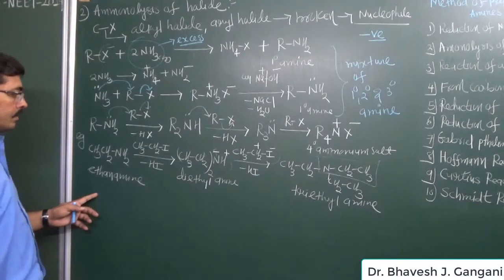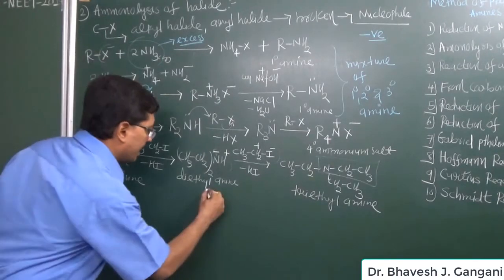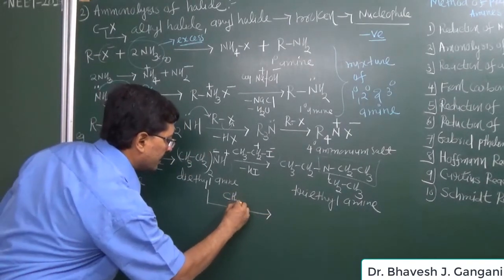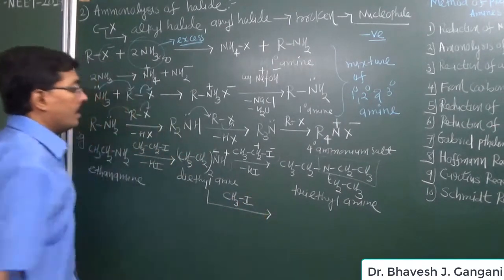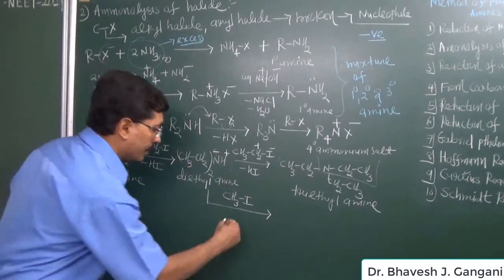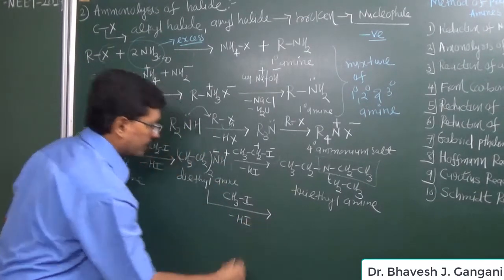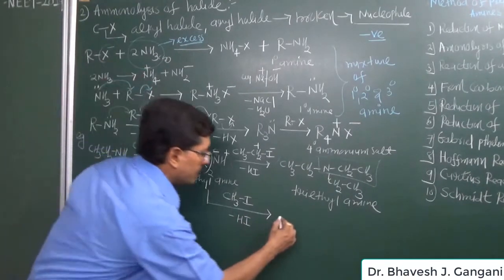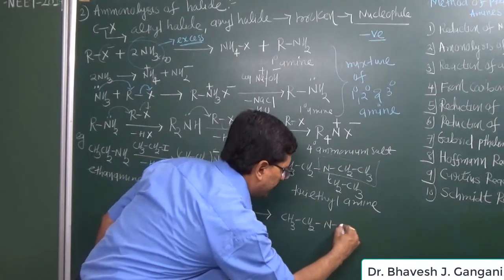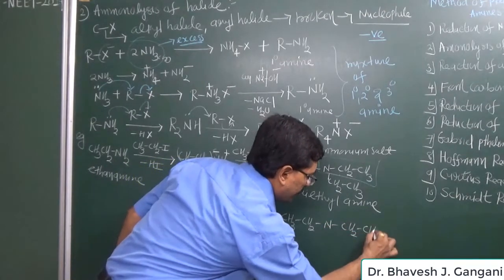Now suppose diethylamine is allowed to react with methyl iodide. Then hydrogen combined with iodine is removed in the form of HI. When it is removed, we get a different structure.